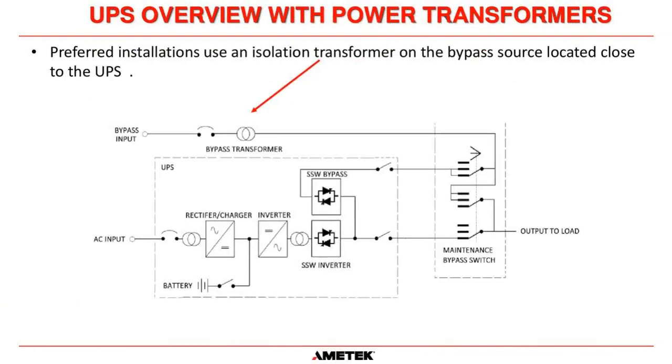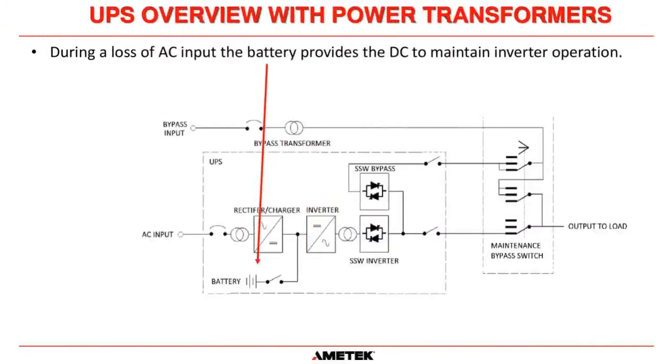We also have a bypass source, typically, coming into the static transfer switch on the UPS. Preferably, we've got an isolation transformer right there for the bypass source, which would be considered separately derived.